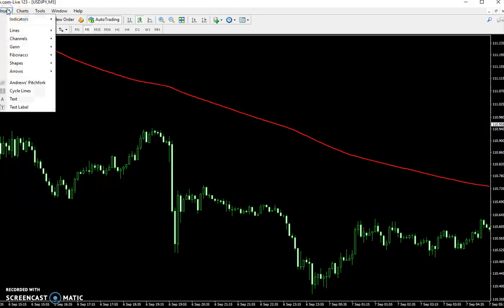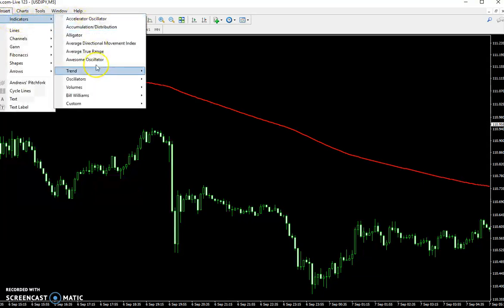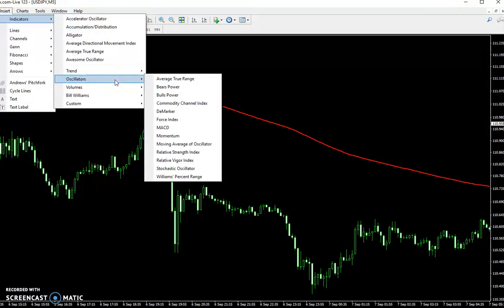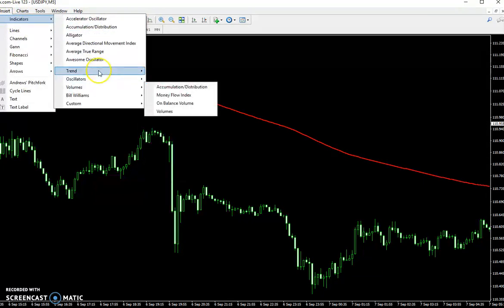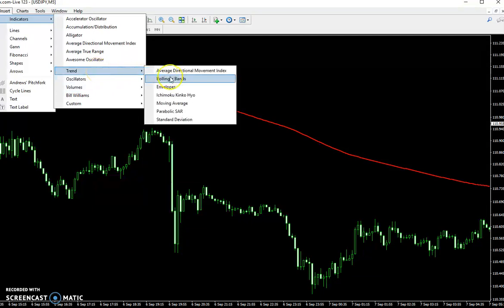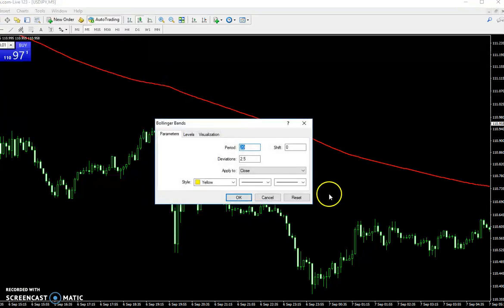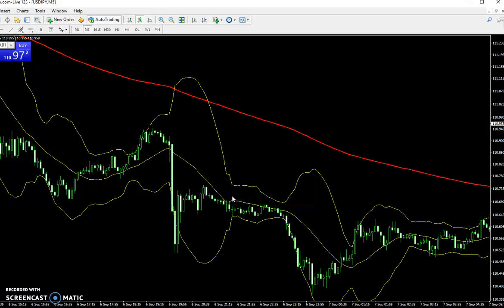Another indicator is the Bollinger Band. This is the default setting, but if yours doesn't come up that way, you can change it to 20, 2.5 deviation, and color.